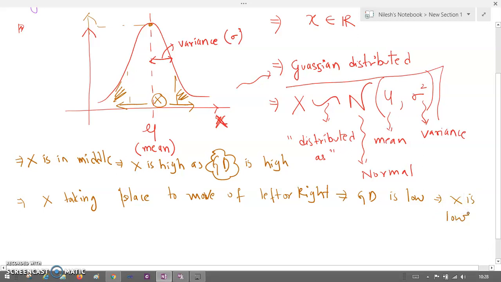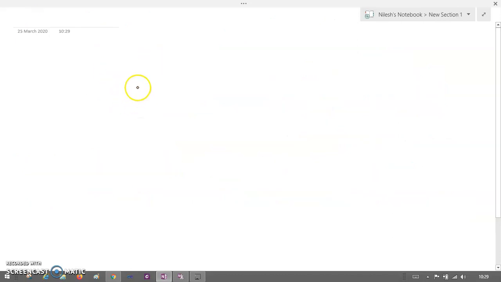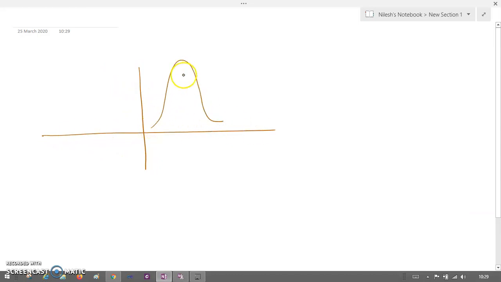If x is in the middle, then the Gaussian distribution is high. If x moves from the middle to the left or right, then there is lower value of the Gaussian distribution, right? Now this graph that you had drawn here, I draw it again.